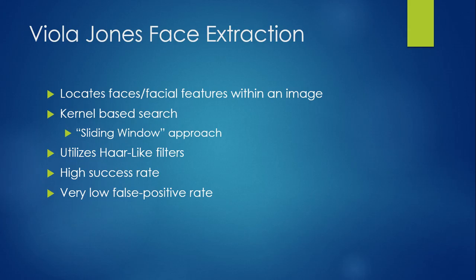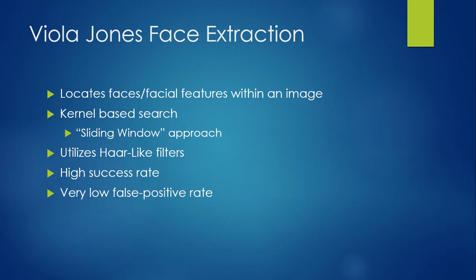There are various ranges for every different filter. Essentially, it'll determine whether or not that kernel is a suspect image for a face. If it is, then it'll continue on with the algorithm. If it's not, it'll slide on to the next kernel. And it does this using Haar-like filters, which I'll give some examples of in further slides.